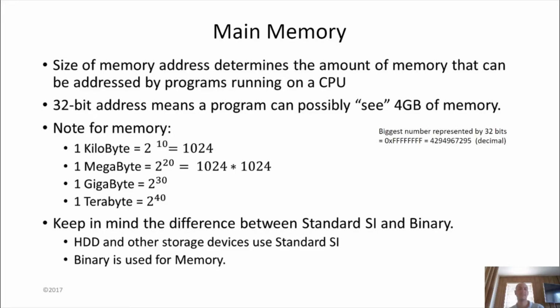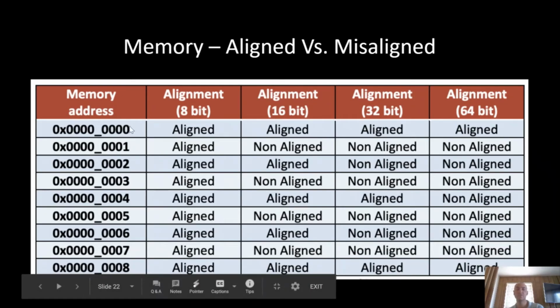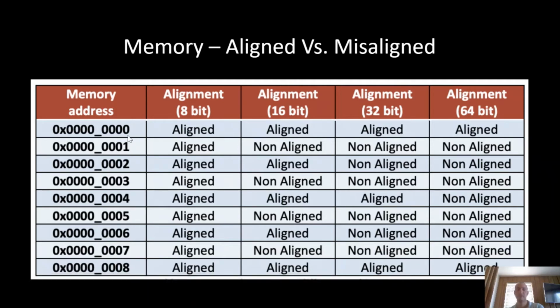Here we see the amount of memory space, or address space, that you have. We said that we have addresses like this, and each of them is 32 bits. It's 8 hex digits, and each of these is 4 bits, so 8 times 4 is 32.